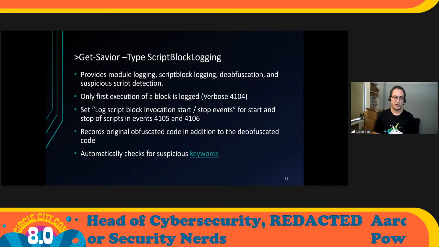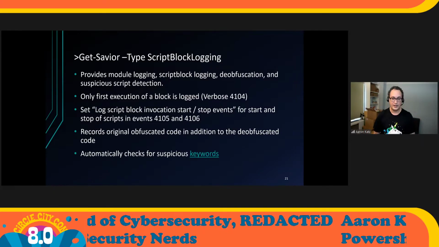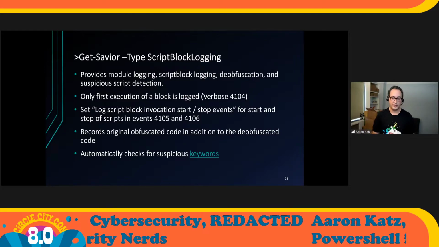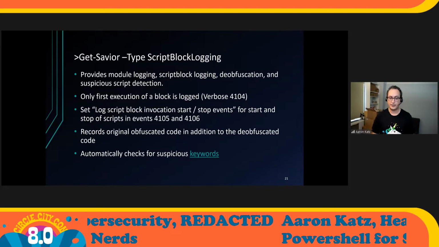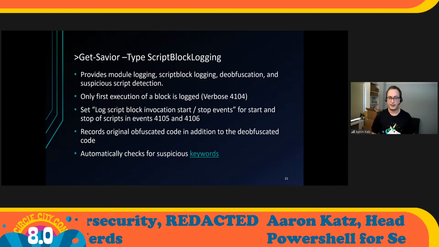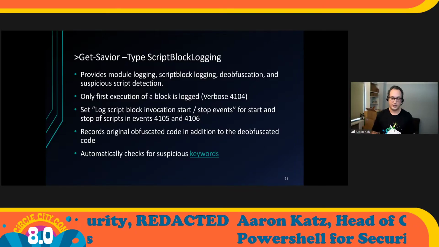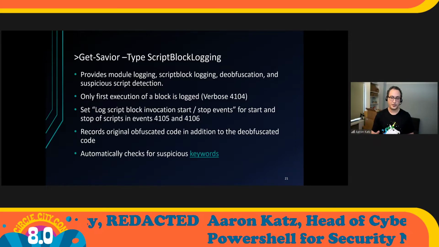So a lot of times long scripts used to just get cut off after 255 characters, or you'll see a bunch of nonsense. When you have script block logging turned on, you'll be able to see the full script that gets executed. And if it was obfuscated, Microsoft deobfuscates it and basically shows you the script that it actually ran. It's extremely important. And it starts with, in the verbose logs, 4104.